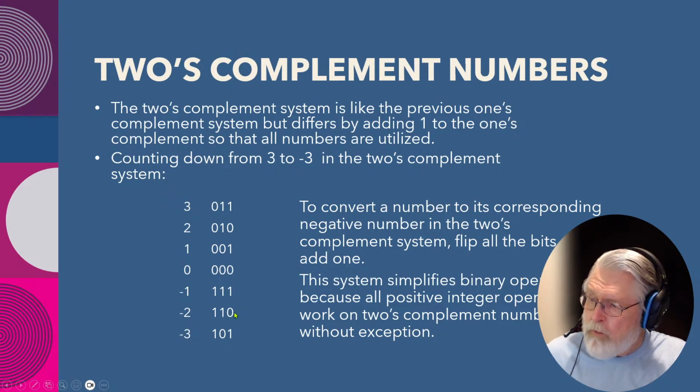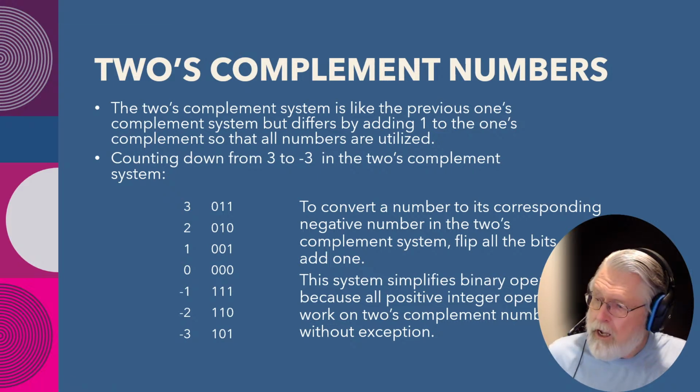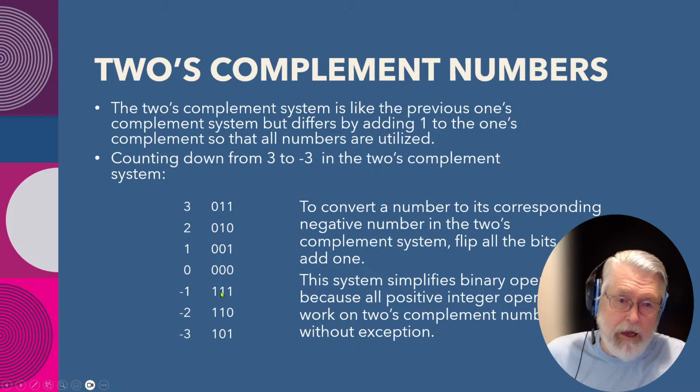And this would be equal to -1, and that would be equal to -2 in the ones complement system. By adding 1 to these numbers, we get this number back, and we have all the numbers that we need.